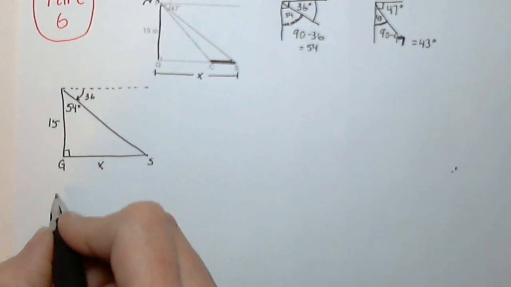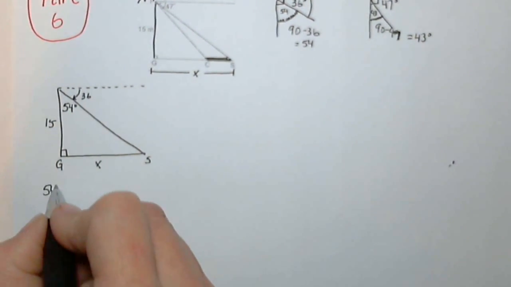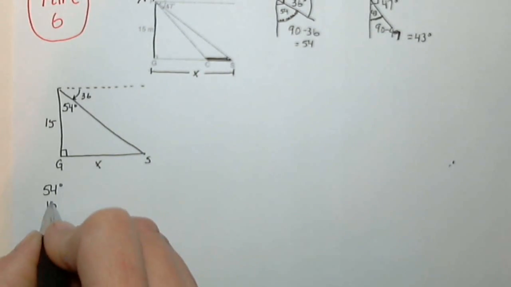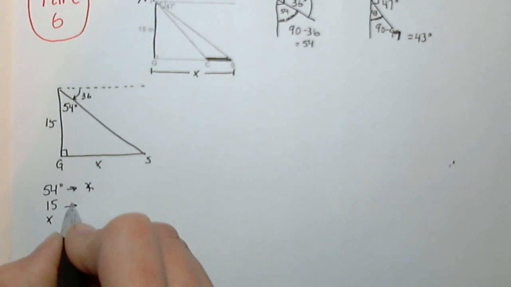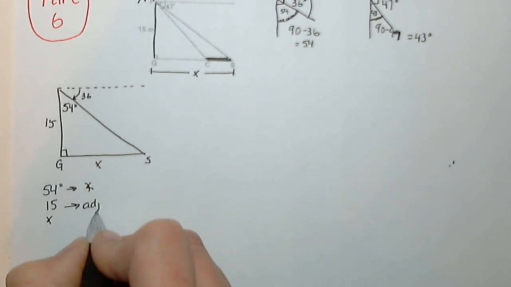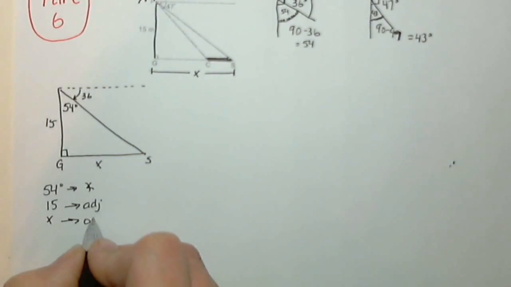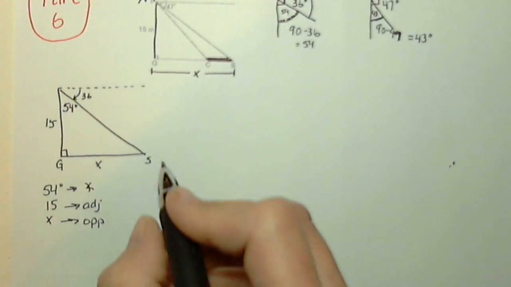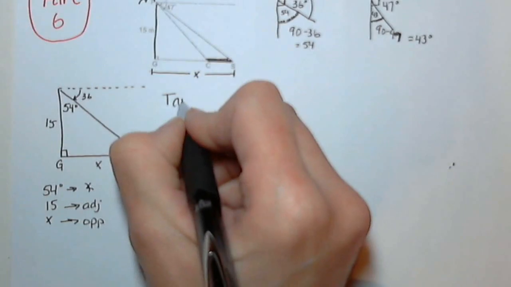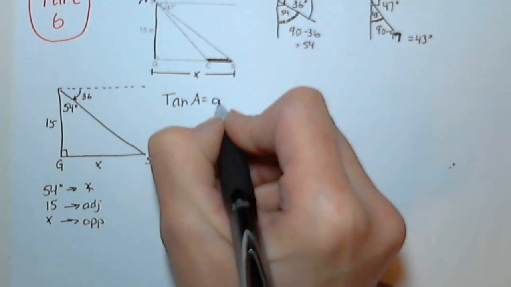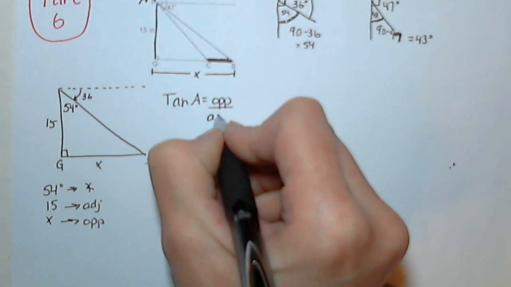Let's make our variable list on the side. What do we have? We have a 54, we have a 15, and we have an X. 54 is my angle, the 15 is my adjacent, and the X is my opposite. And obviously I'm using tan again. Tan of A is equal to the opposite over the adjacent sides.